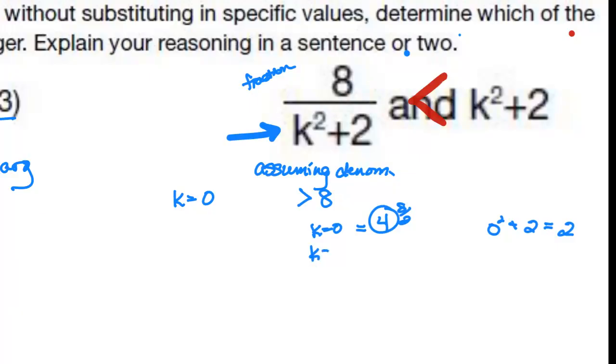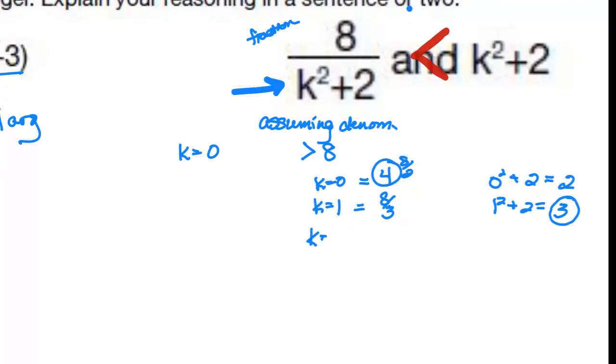So let's try 1. 1 squared plus 2, that gives me 8/3. Over here, 1 squared plus 2 gives 3. Which one's larger, 8/3 or 3? It's actually this one, just by a little bit.